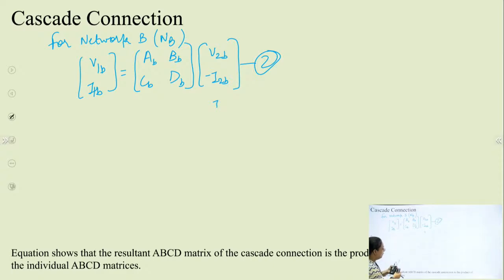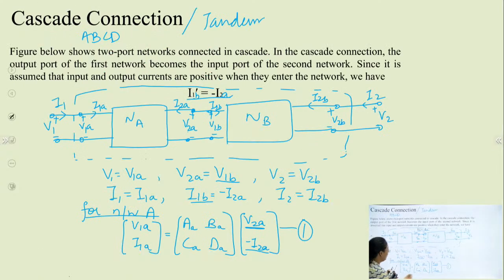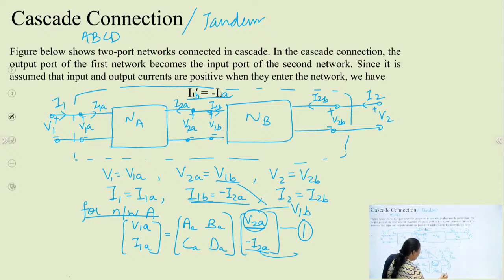V1B और I1B you can see here, V2A will be equal to V1B by using this relation, and by using this relation I can write minus I2A will be equal to I1B, ठीक है, और V1B और I1B की वैल्यू मेरे पास कहाँ पर है, इन मैट्रिक्स 2. सो आई पुट मैट्रिक्स 2 here.